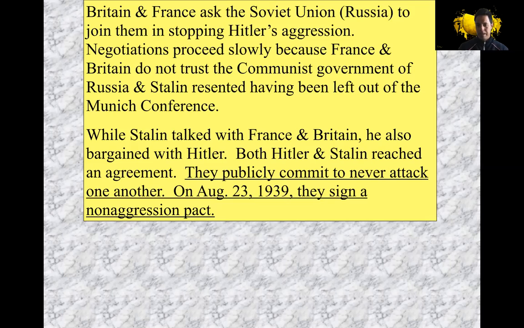While this is happening, Stalin also bargains with Hitler. Both Hitler and Stalin reach an agreement, and they publicly commit to never attack each other. This is called the Non-Aggression Pact, which is signed on August 23rd, 1939.